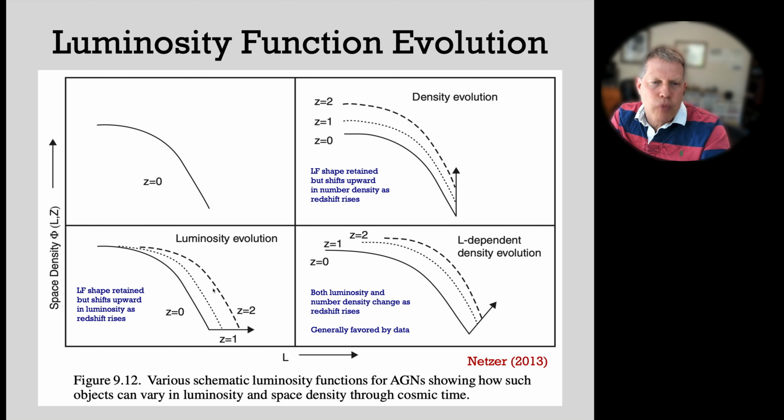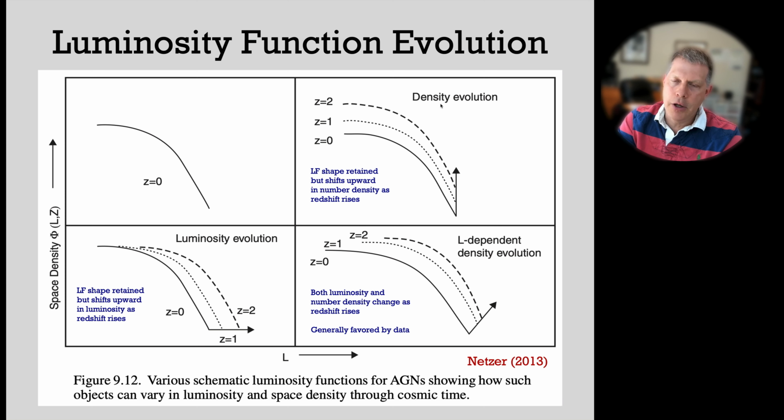It shifts rightward in luminosity over cosmic time as the redshift increases. So the luminosity function is shifting rightward here, so that this same basic curve shape would be preserved, but here it is shifted rightward at a redshift of 1. Here it is shifted rightward further at a redshift of 2, and so on. That type of evolution is referred to as luminosity evolution.